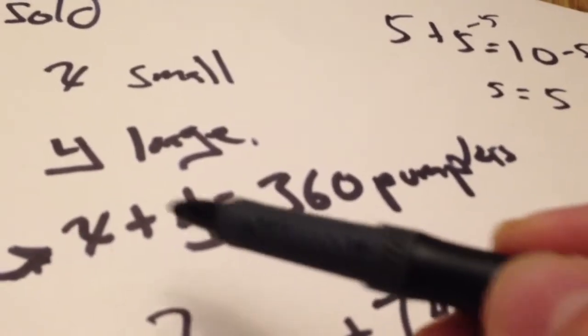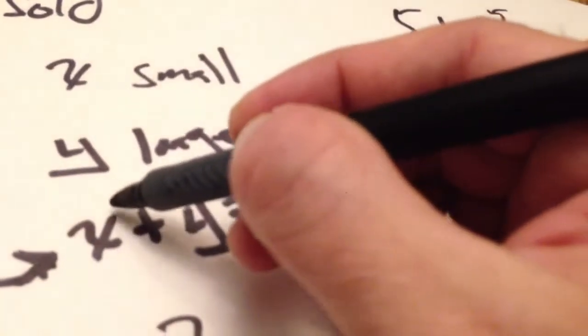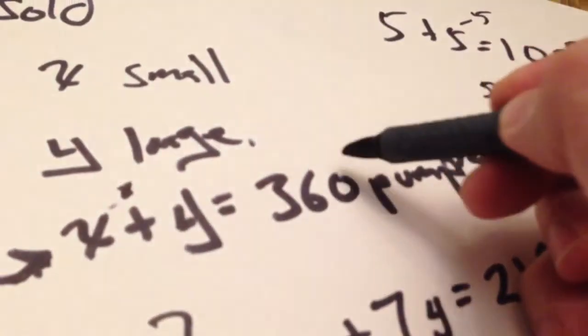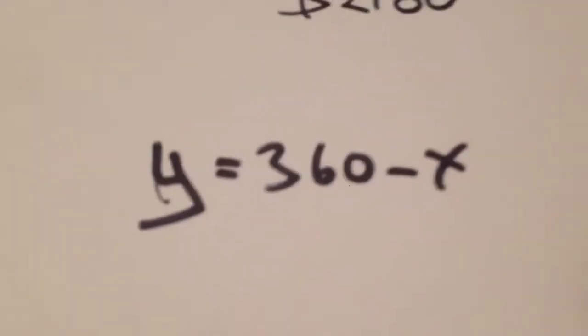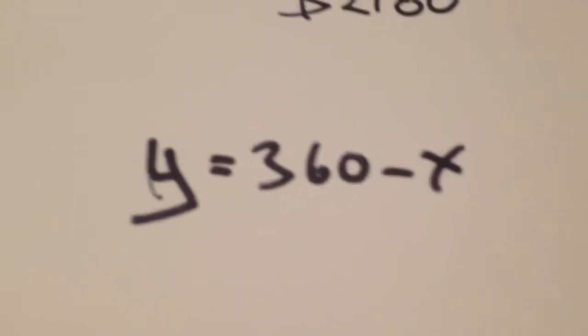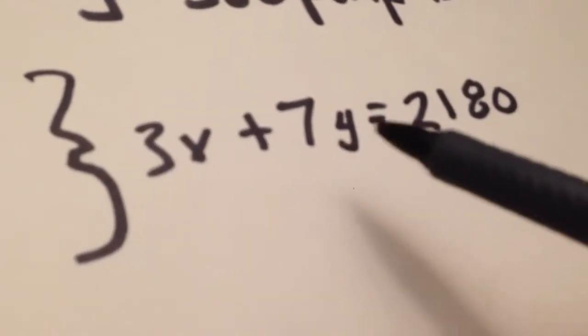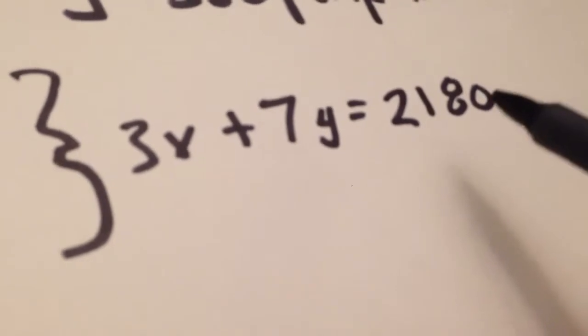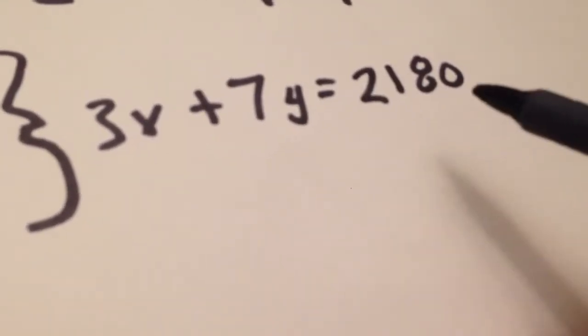But we can just take the x and subtract x from both sides, and then we end up with y equals 360 minus x. Now, if we take the equation 3x plus 7y equals 2,180, I could solve this whole equation for y.